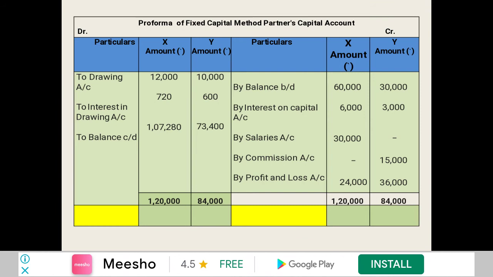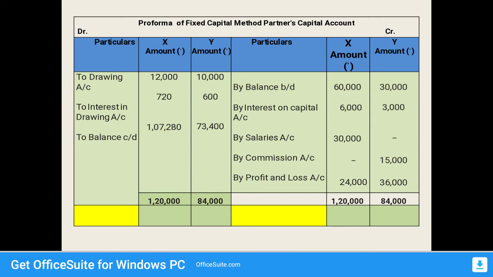So the total amount is more on the credit side, 1,20,000 and 84,000. Now the debit side: drawing amount is posted on the debit side, 12,000 and 10,000, interest on drawing 720, 600. So these are deducted from the credit balance.